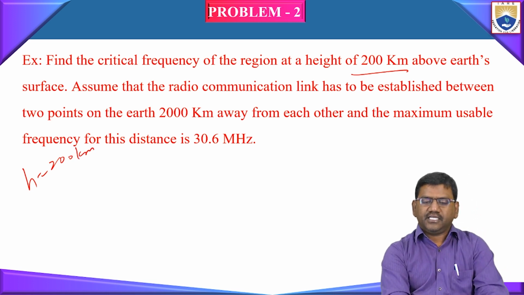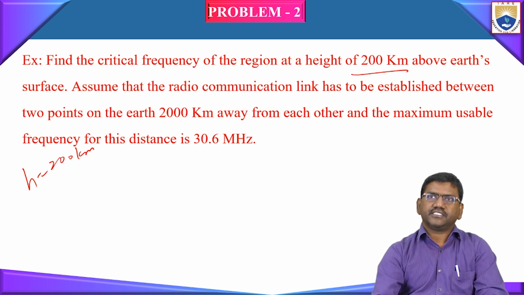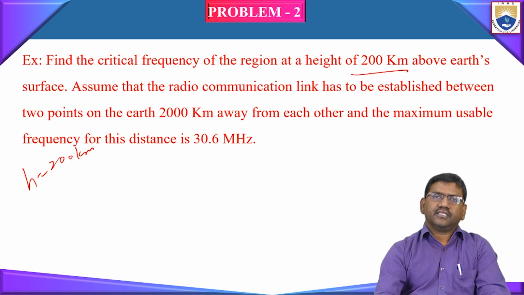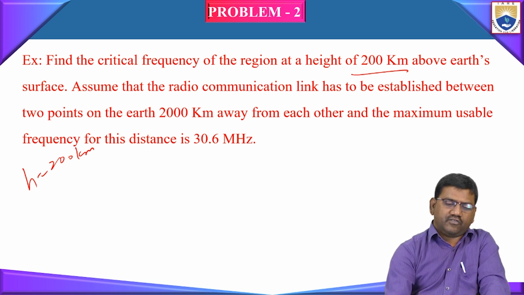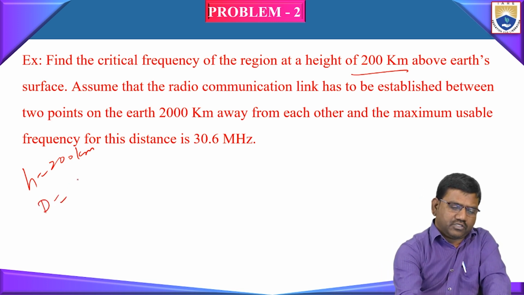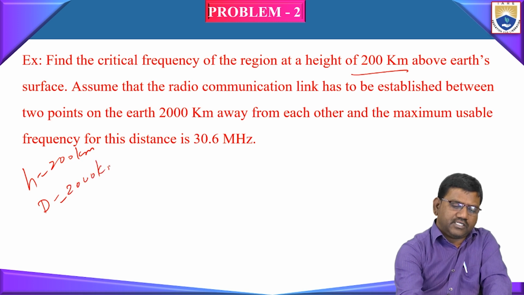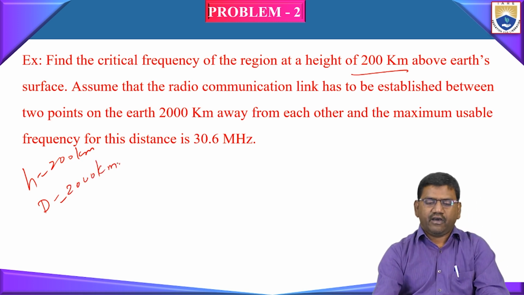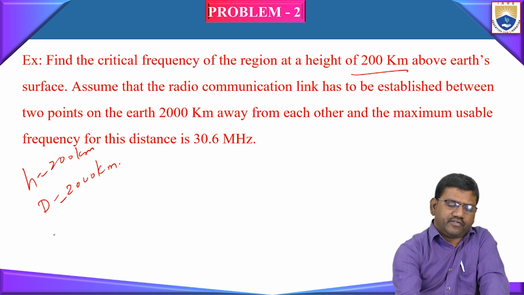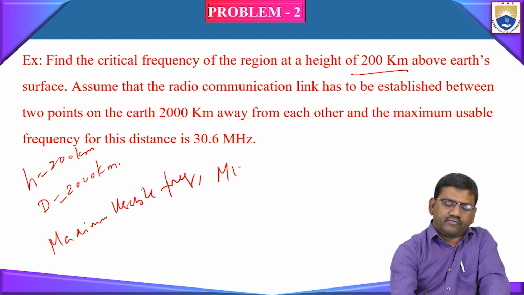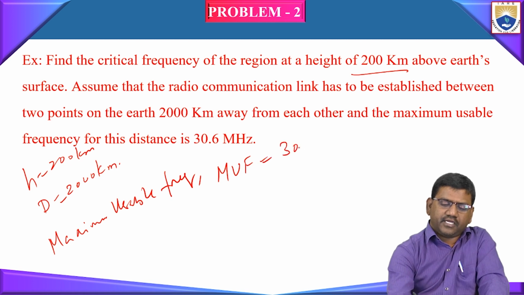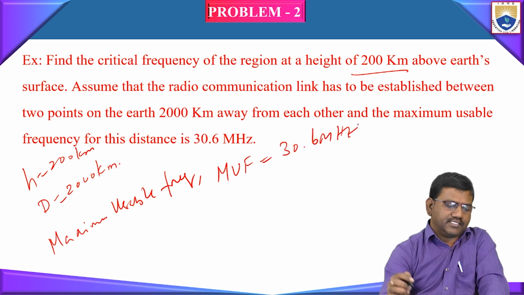We need to transmit a signal between 2 points on the Earth, a transmitting antenna and a receiving antenna, at a distance of d equal to 2000 kilometers away from each other, and the maximum usable frequency for this distance, which we denote as muf, is equal to 30.6 megahertz.